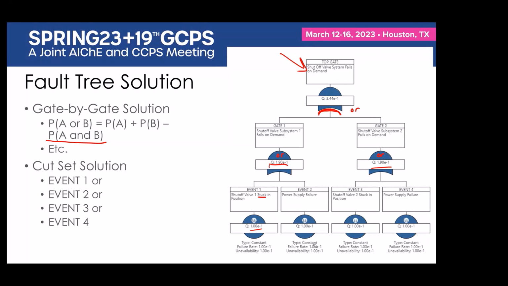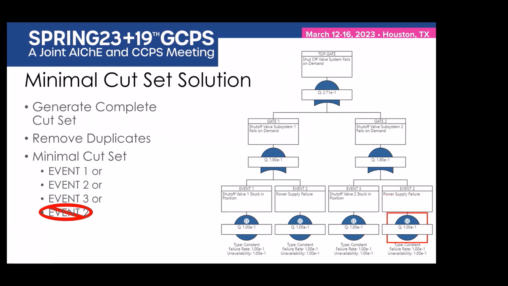Why is this wrong? Don't worry, I set it up to be wrong on purpose. And the reason is this power supply that is feeding the first valve is the same power supply that's feeding the second valve. These are the same event. So in order to handle this, fault tree analysis uses something called minimal cut sets, where instead of going gate by gate, the software will develop cut sets.